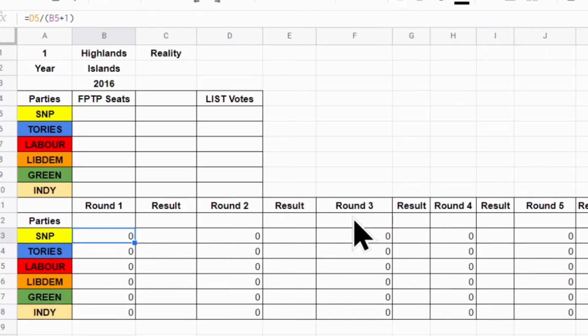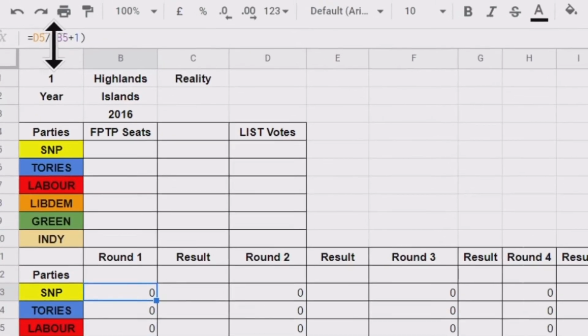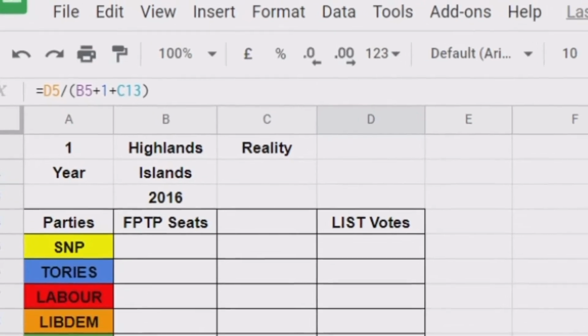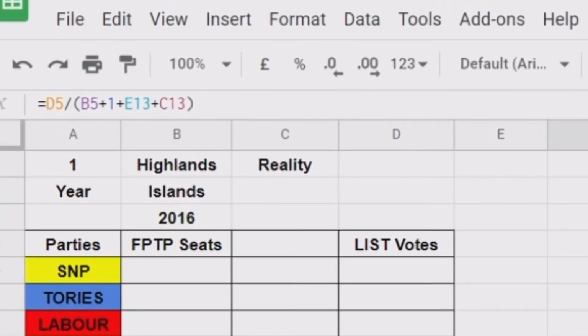And we have that respectively up here in this part here. So every time we go to a different round, you can see that it will add another cell from the spreadsheet to add into the equation if that particular part is populated.